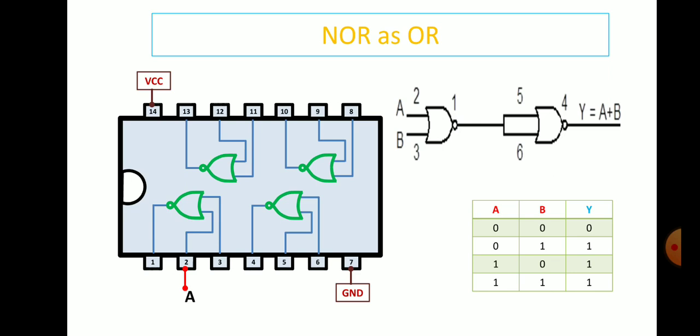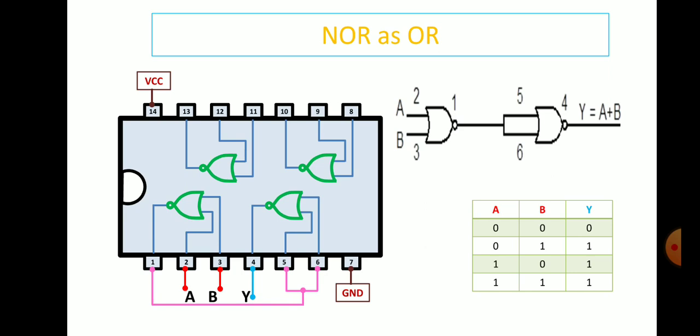Pin number 2 is one input and pin number 3 is another input, A and B. From pin number 1 it is connected to pin number 5 and 6 of the second IC. Then output is taken from pin number 4. This is the simple circuit diagram. We are going to use 2 NOR gates for constructing the OR gate.